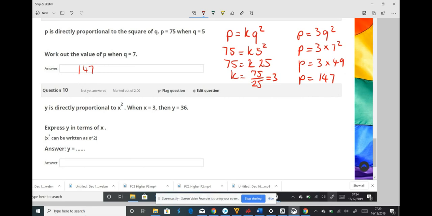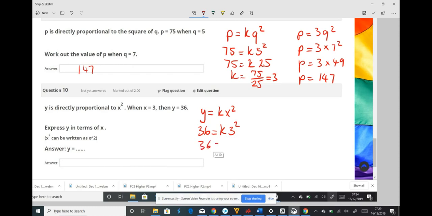Y is directly proportional to x squared. So y is equal to kx squared. When x is equal to 3, y is equal to 36. So 36 is equal to k times 3 squared.